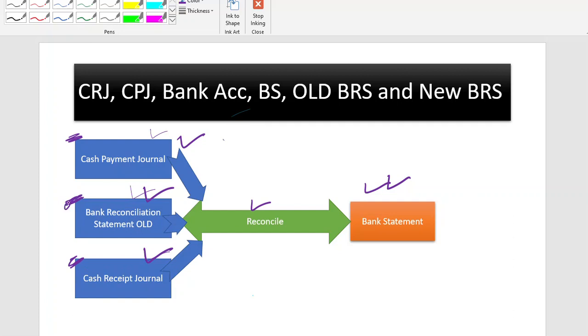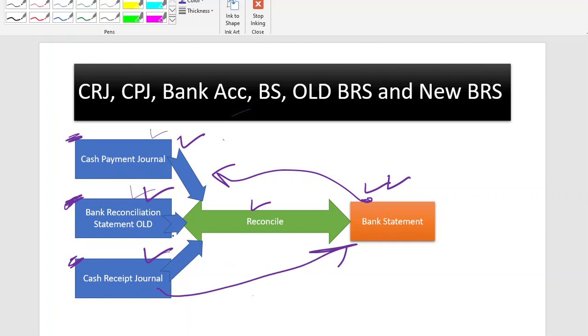Therefore, the details are sent to the business so that every error that has been made by the business or by the bank can be corrected, or any omissions made by the bookkeeper of the business can be corrected in the bank, because sometimes a deposit can be made into the bank but not appear in the books, and money can be entered into a CRJ and not be entered into the bank statement.